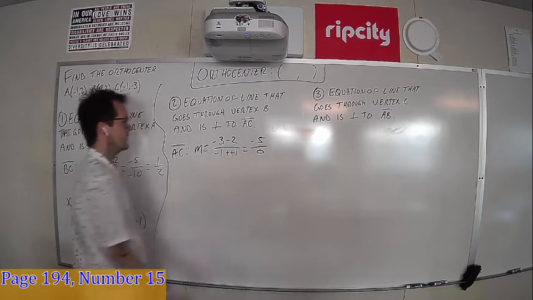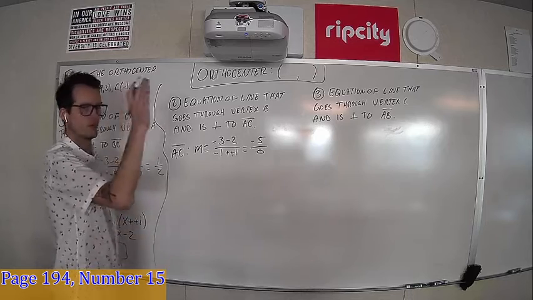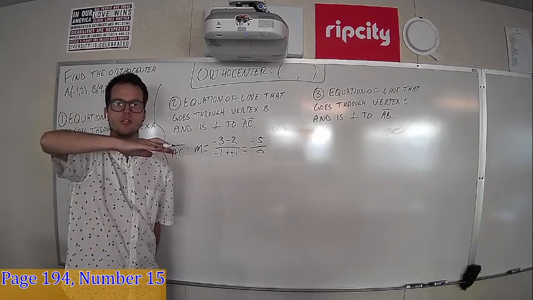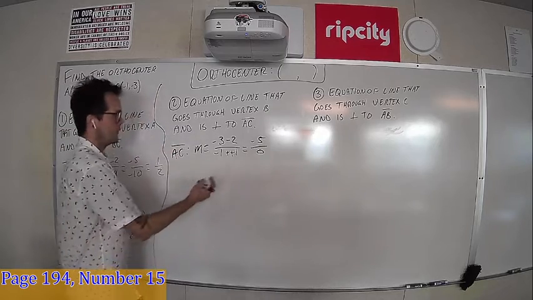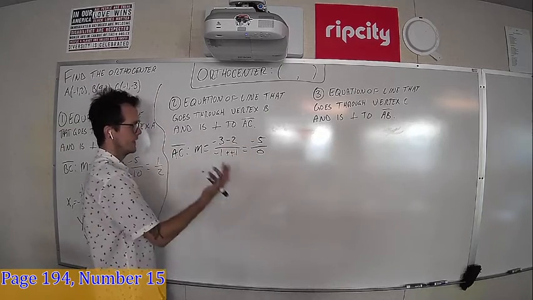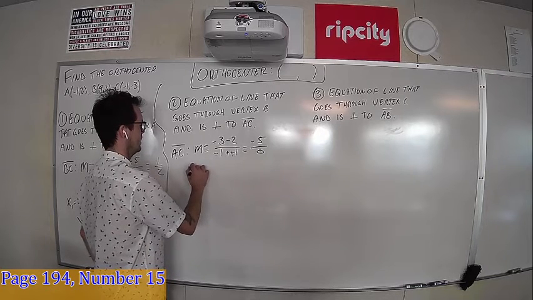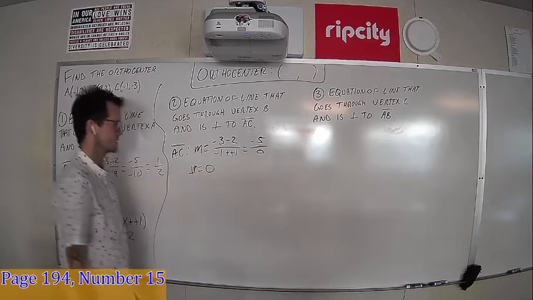This is an undefined slope. That means it is perfectly vertical. Perpendicular to that is something that's perfectly horizontal. That's a slope of 0. And we can also tell this if we just flip it upside down, it'd be 0 over -5. So our perpendicular slope here is 0.